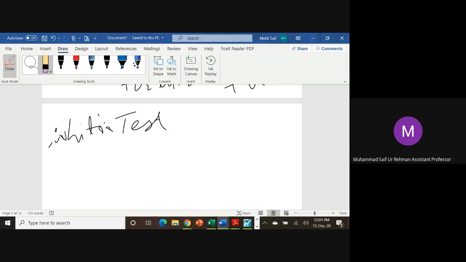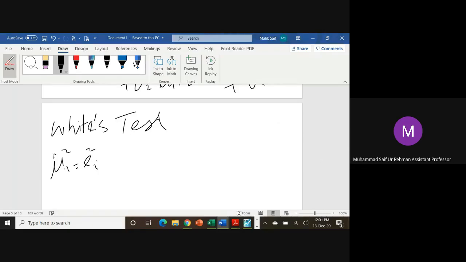Let me write it down correctly. So mu i hat square, or in our case, if I write it as ei square.